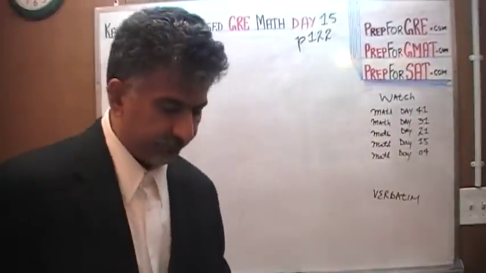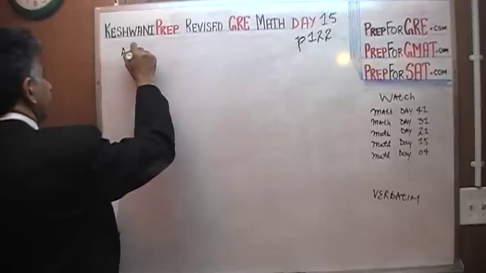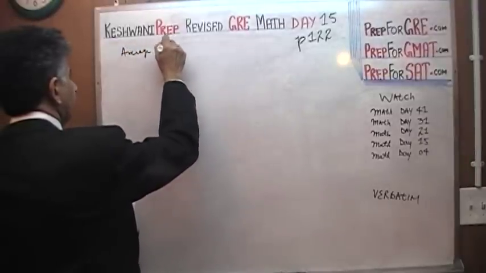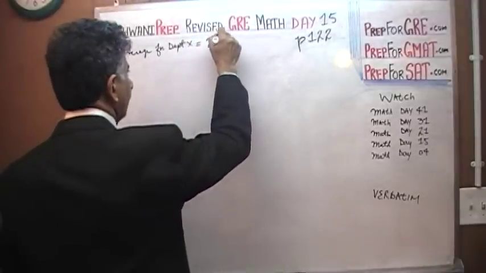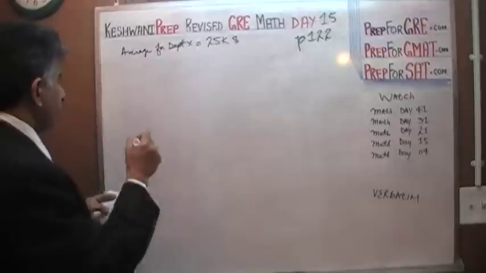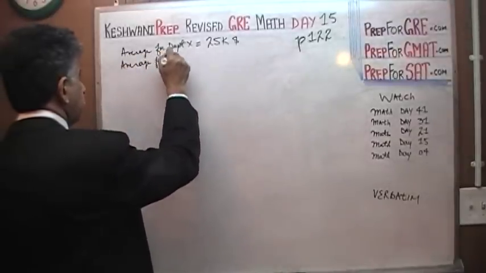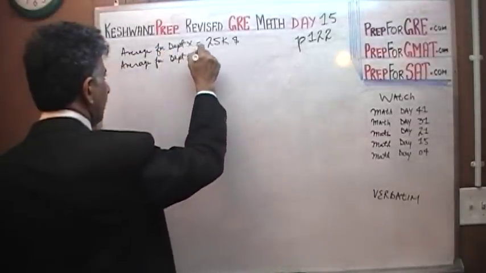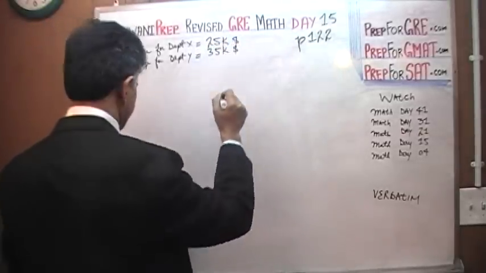We are told that the average salary for Department X is 25K. The average for Department Y, we are told, is $35,000.